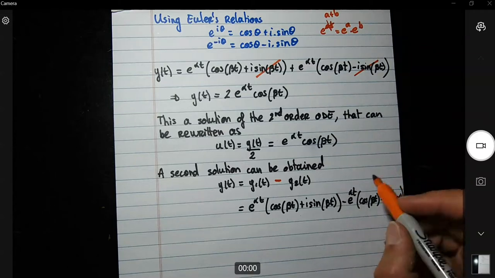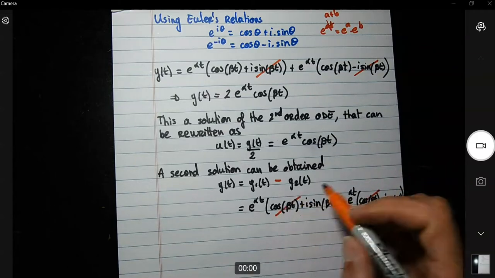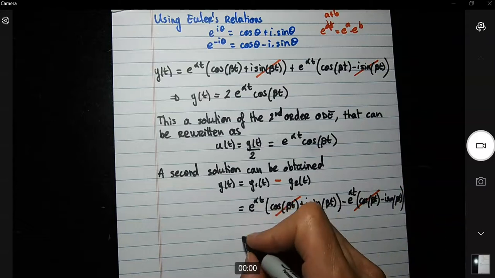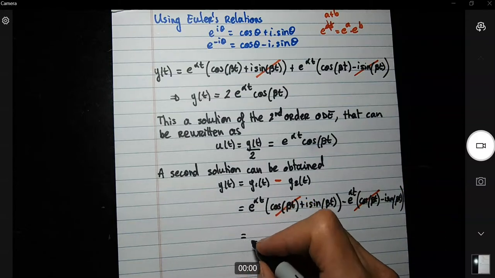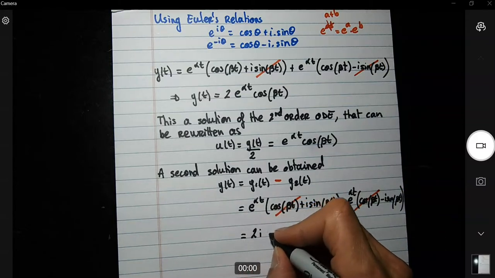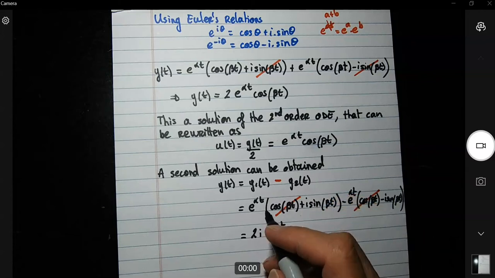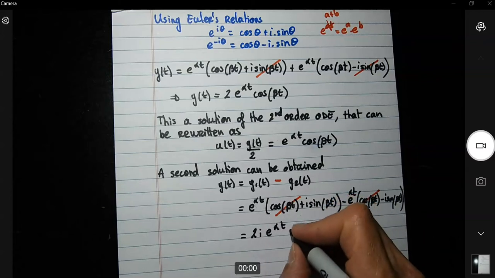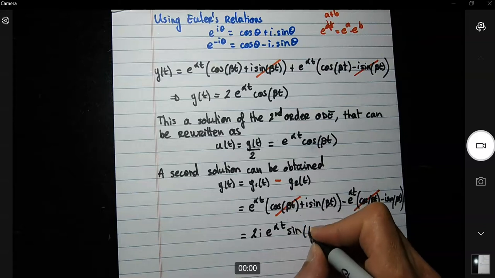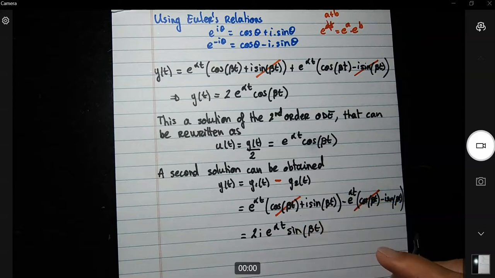So in this case, what will happen is that this term will cancel out, and you will end up with what? 2i e to the alpha t sine beta t.